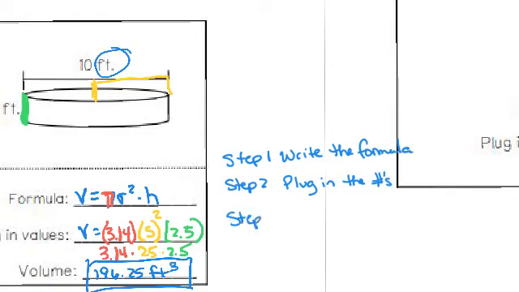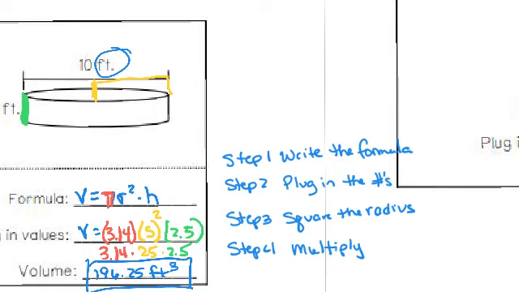Step 3, square the radius before you do any other math. Step 4, multiply all the rest of the numbers out. Okay? That really is it. You can add a step 5. Label. Measurements cubed. Okay? All right, try them today.